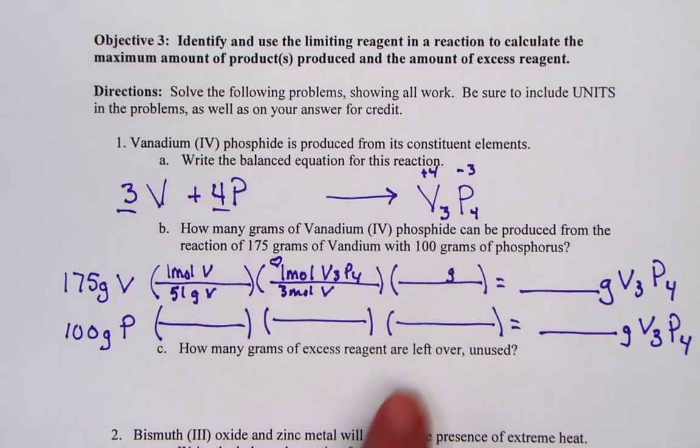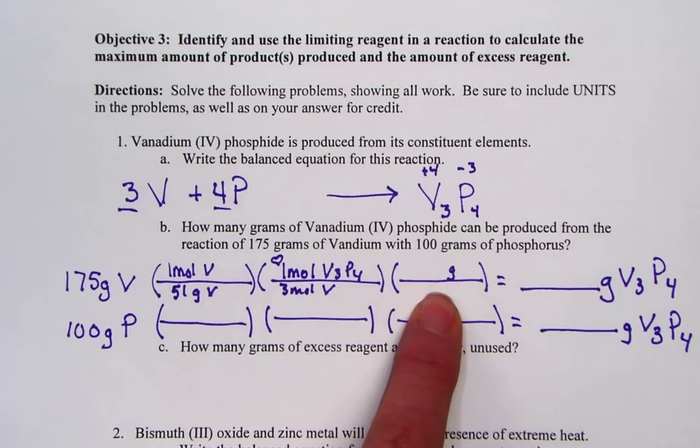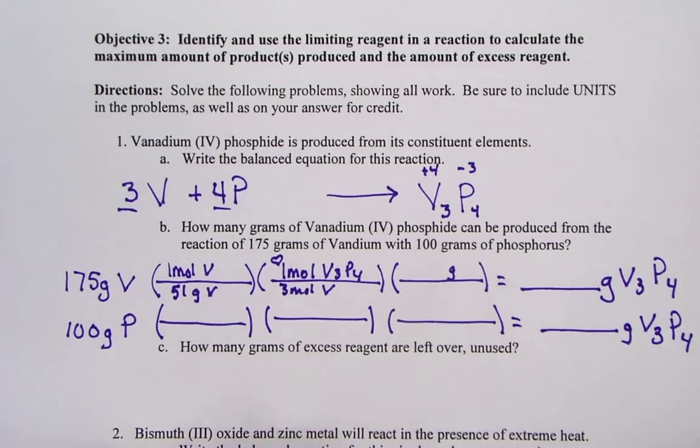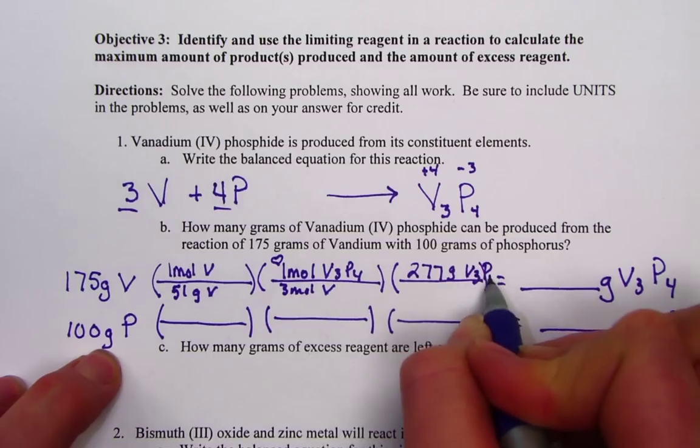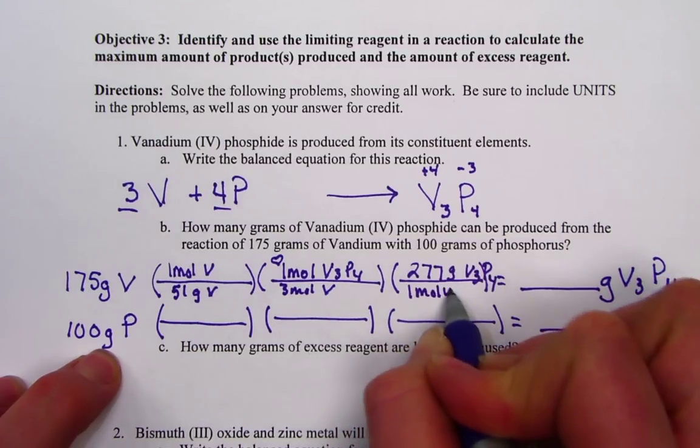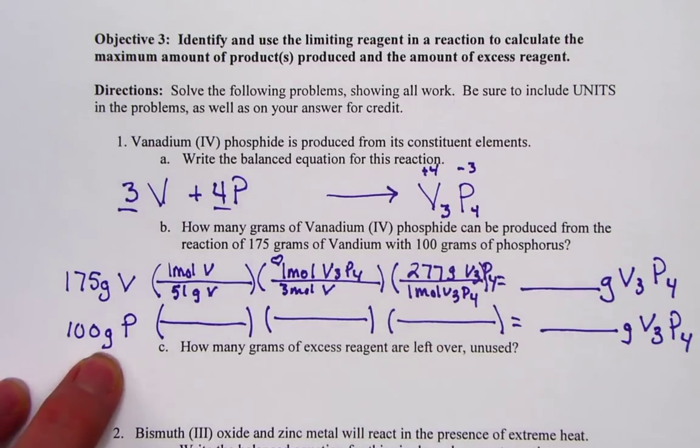The last step will need a molar mass for V3P4. Let me calculate: 51 times 3 on the vanadium plus 31 times 4 for the phosphorus. I get 277 grams of V3P4 in every 1 mole of V3P4.